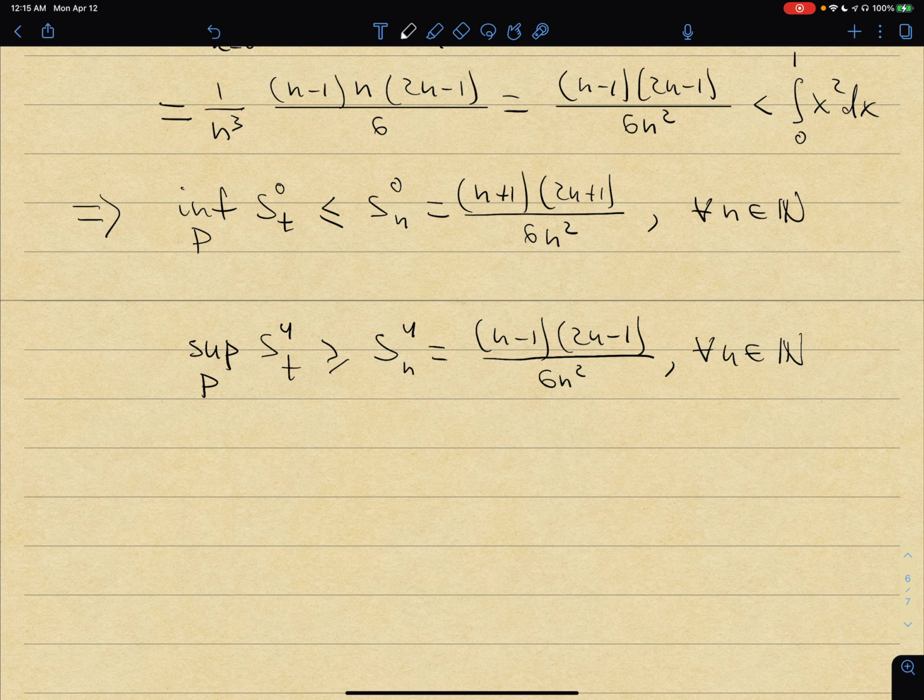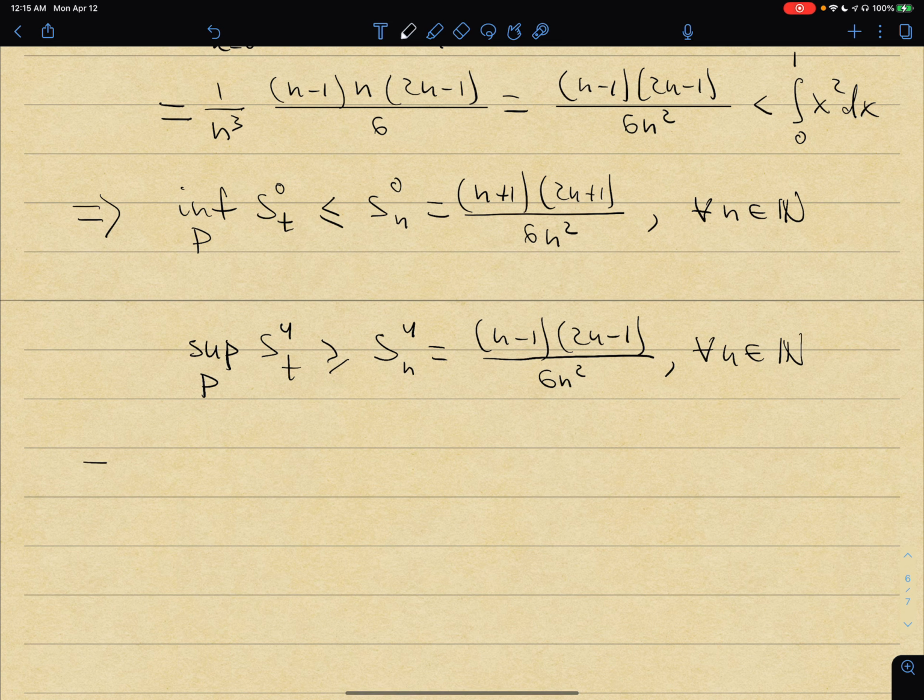And then what can I say? I can say that if I let n go to infinity here, if this number is less or equal than this number for any n, then if I take n to infinity, this number is still less or equal than the limit of these quantities when n goes to infinity.